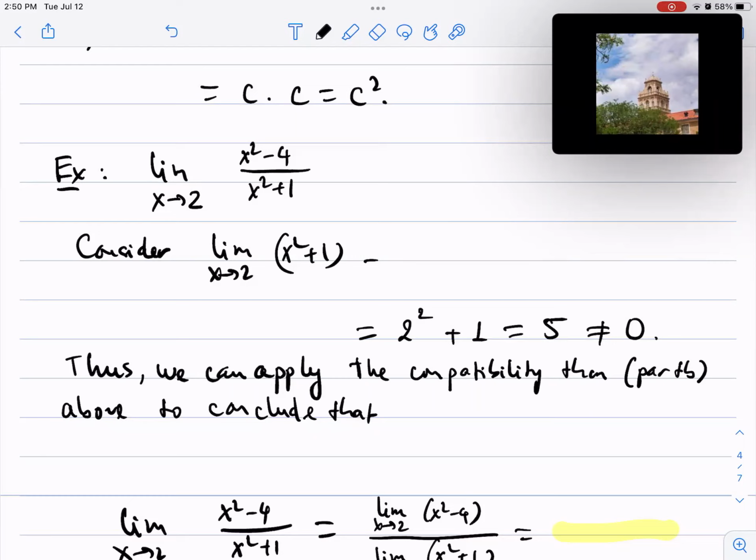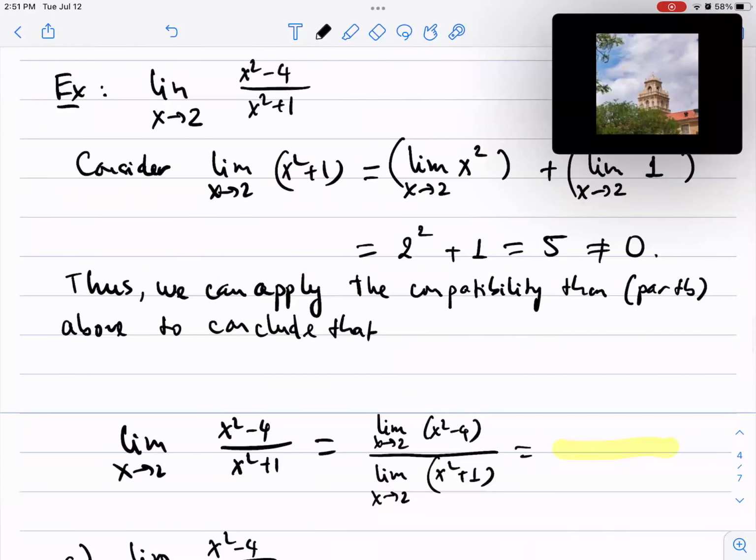So we consider the limit of x squared plus 1 here, which is equal to the limit of x squared when x approaches 2 plus the limit of 1 when x approaches 2. Then by the above example, this equals 2 squared plus 1, which equals 5, not equal to 0.